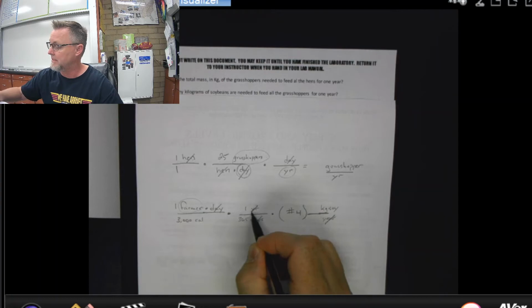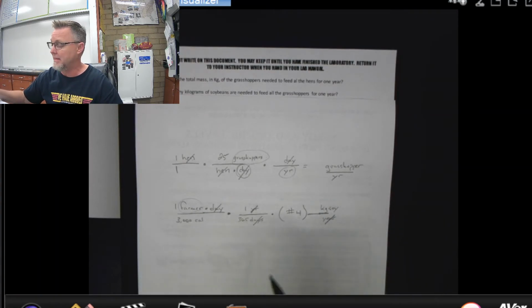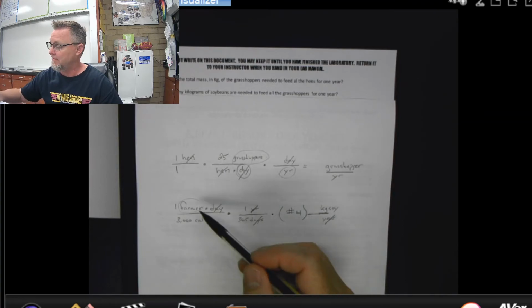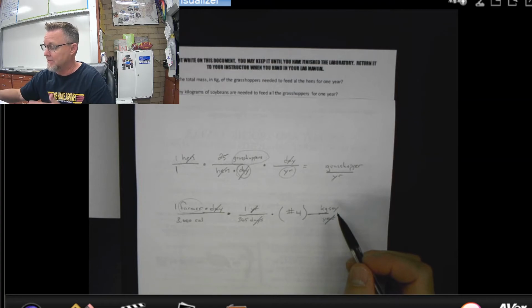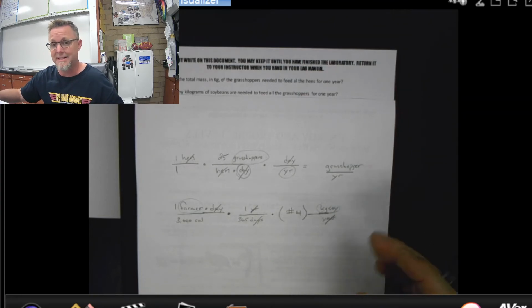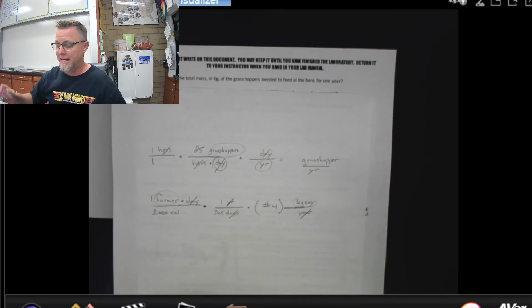Years have to cancel out. Now if I did my math, I'd end up with an answer that is farmers in terms of calories per kilogram of soy. So now I have to get rid of this so I can get down to a point where I'm just looking at farmers. How do I do that?